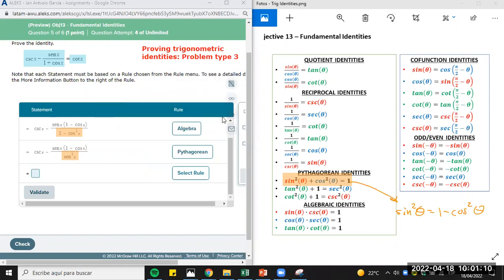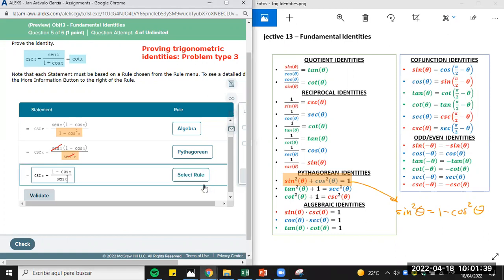And let's continue. Let me move this up to continue making progress with this. Now, as you can see in here, we have sine in the numerator and sine also in the denominator, but it is squared, so I will cancel them. Sine divided by sine equals 1. Cosecant of x minus, in the numerator we will only have 1 minus cosine of x, and in the denominator we still have a sine of x.